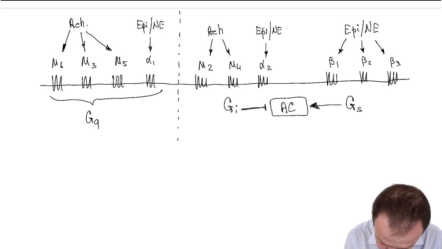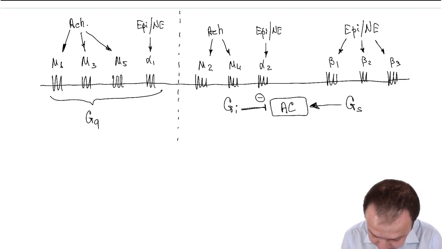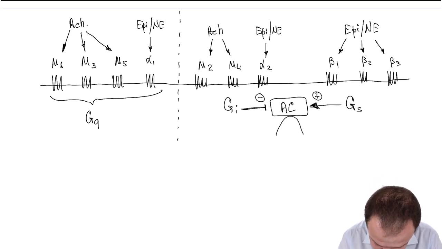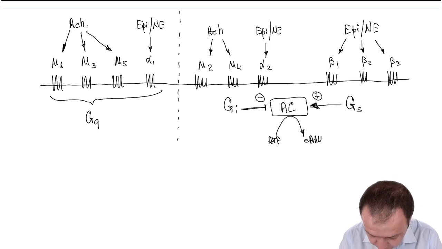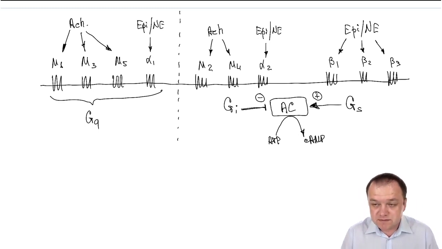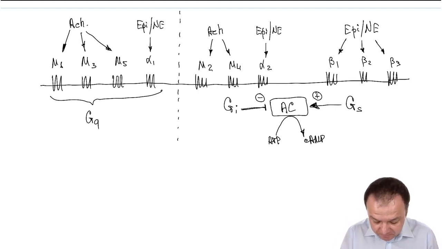So we can put minus here, it means inhibition, and plus here is a stimulation. And adenylate cyclase is responsible for conversion of ATP to cyclic adenosine monophosphate, and as a result we have different cellular effects.